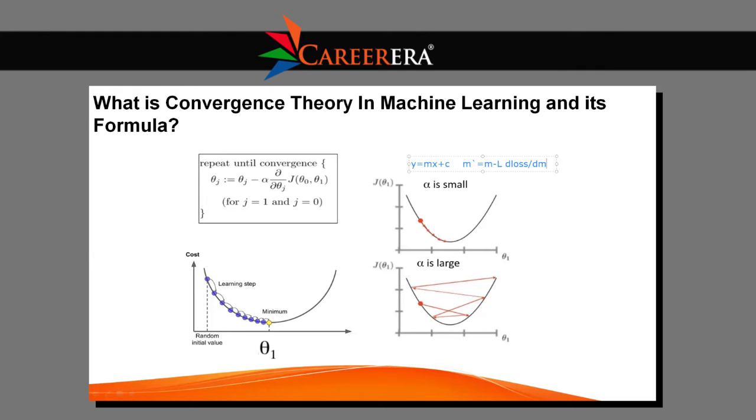Now, this lambda plays a very important role in convergence theory. When I say it converges, as I already told you, it means it is reaching towards the global minimum position. It starts moving from this position, and it keeps moving till it reaches this point.